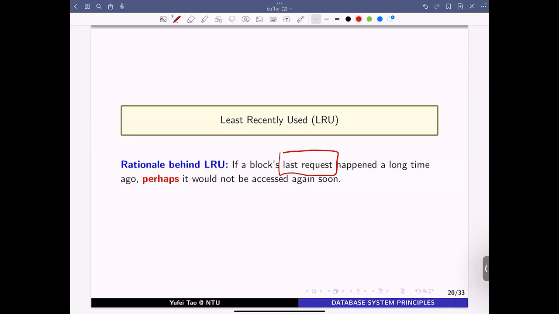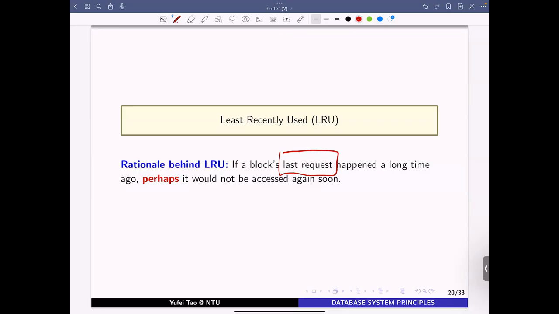This actually makes sense in practice, because the accesses performed by different queries and different algorithms tend to have some sort of locality. For instance, if some part of the database becomes so popular, this part could get queried again and again.